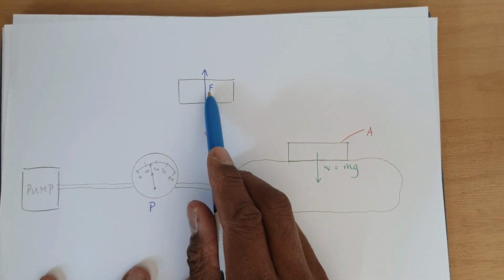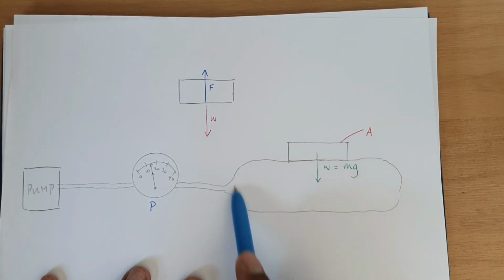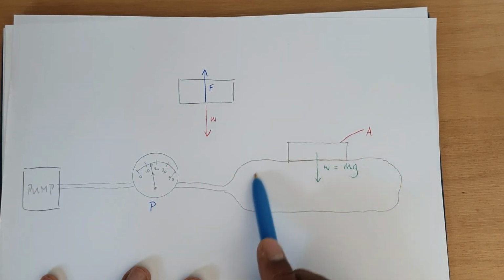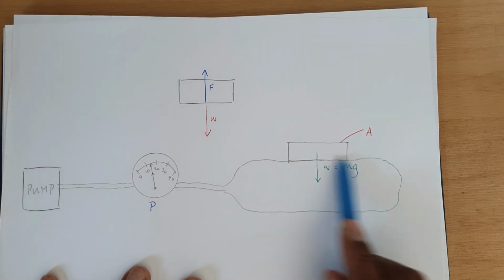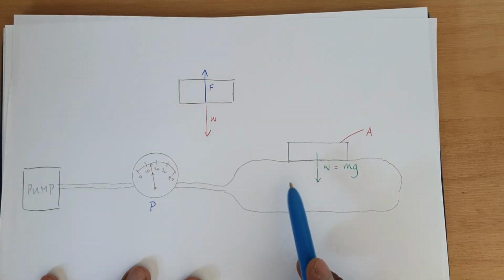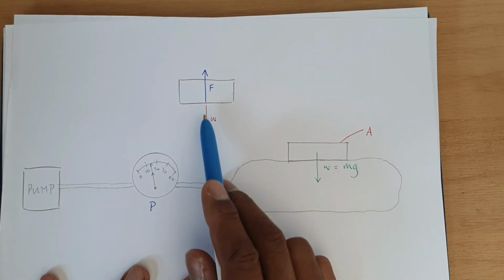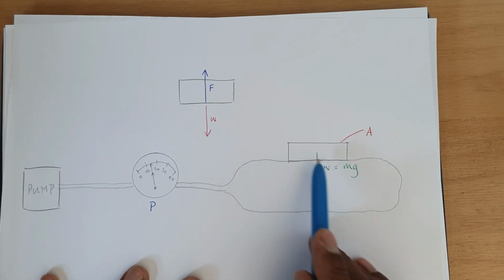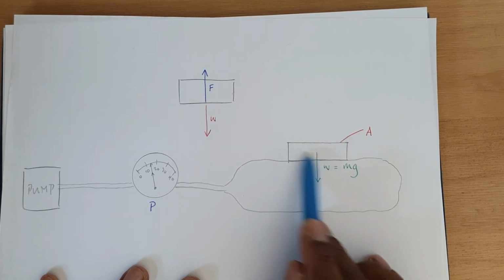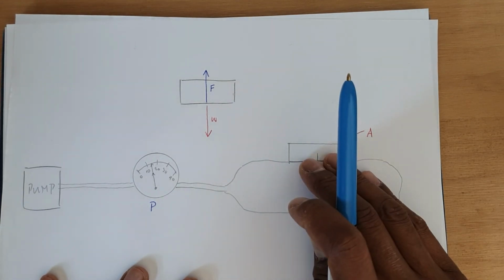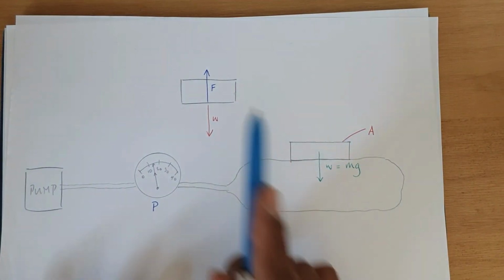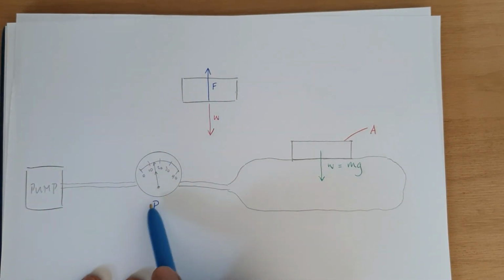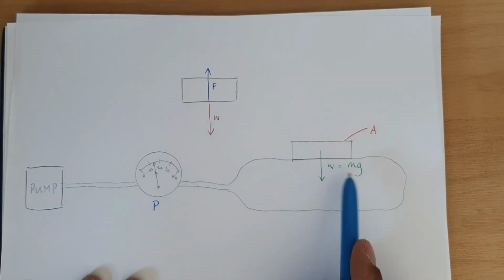So if you can figure out what the pressure is inside this airbag, okay, or cushion, and you can figure out the contact area, once you get this object to lift up, so you are balancing it, you will know that the force due to the pressure must be equal to the weight.